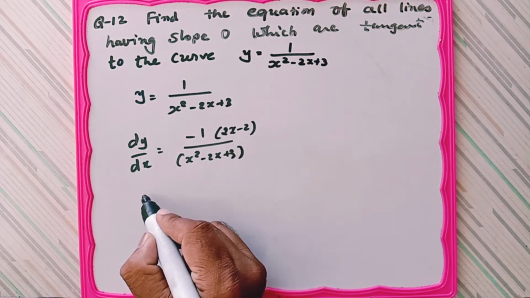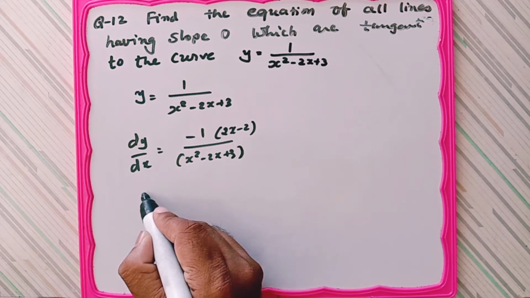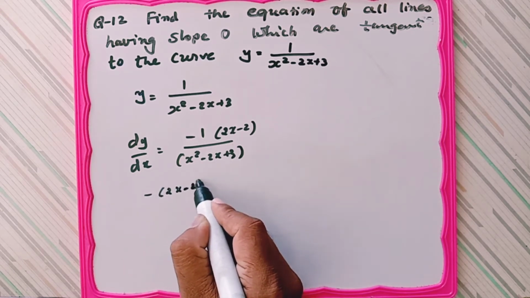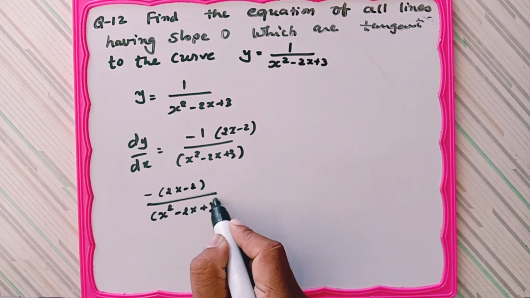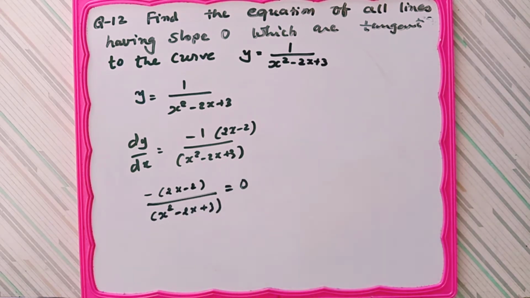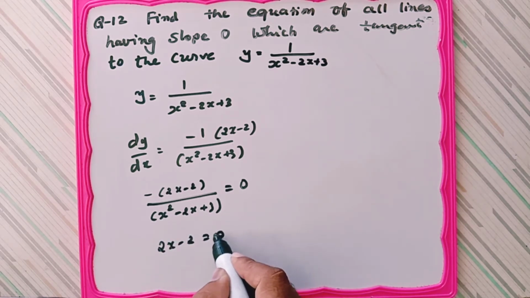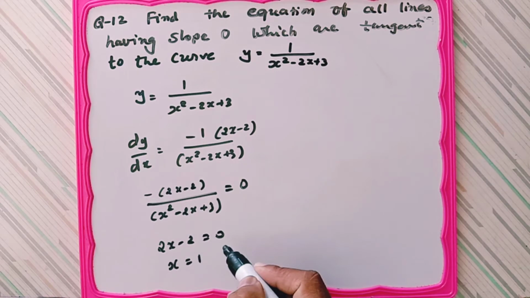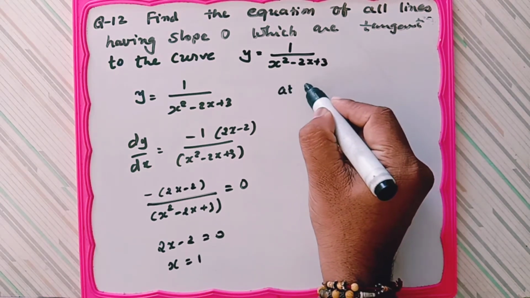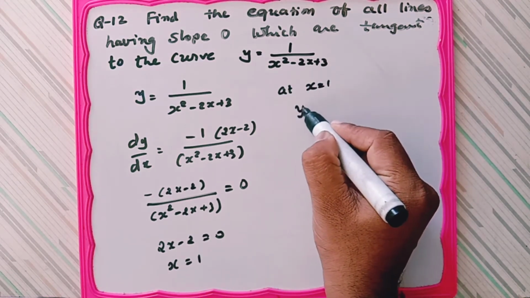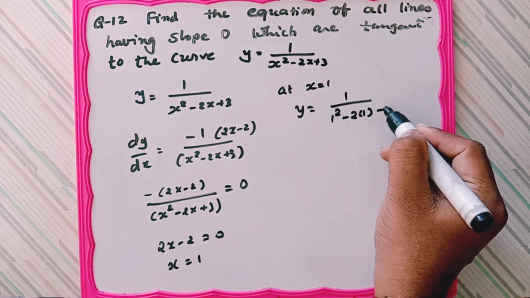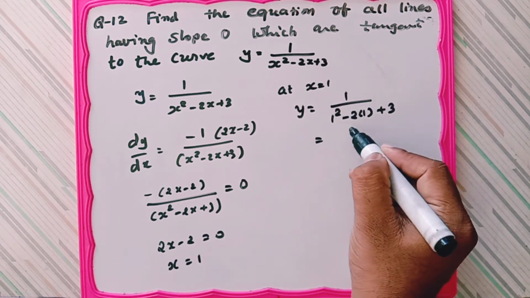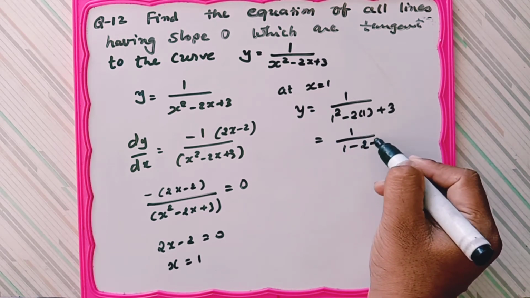and so we can write minus (2x minus 2) upon x square minus 2x plus 3. As per the question, this value is equal to 0, so 2x minus 2 equals 0, so x equals 1. For x equals 1, y equals 1 upon 1 square minus 2 into 1 plus 3, so it will be 1 upon 1 minus 2 plus 3.